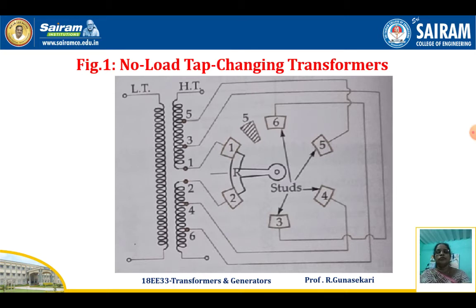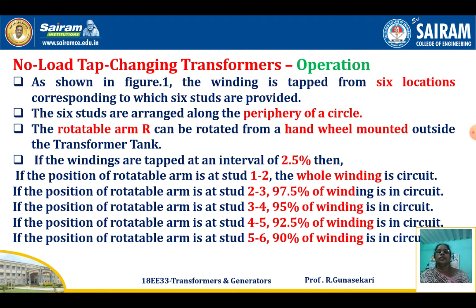Now the function is, the winding is tapped from 6 locations, corresponding to which 6 studs are provided. The 6 studs are arranged along the periphery of a circle, that is 360 degrees. The rotatable arm R can be rotated from a hand wheel mounted outside the transformer tank.